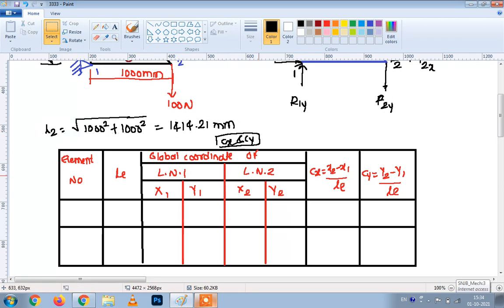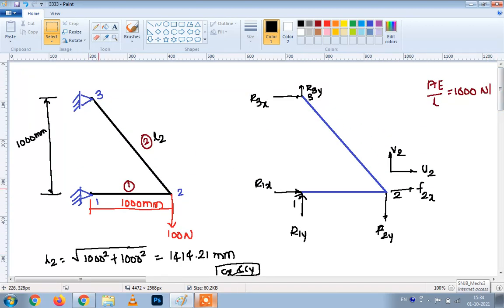Firstly, we are considering the origin at the lower left, so here I am considering the origin x and y. The coordinate of the first point, as it is on the origin, will be 0, 0.